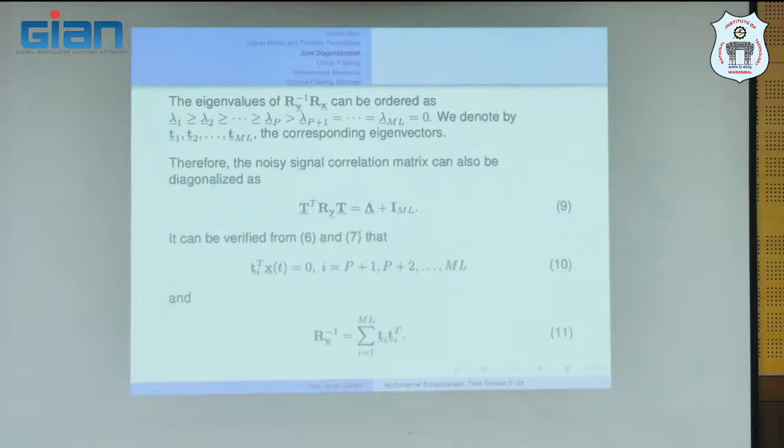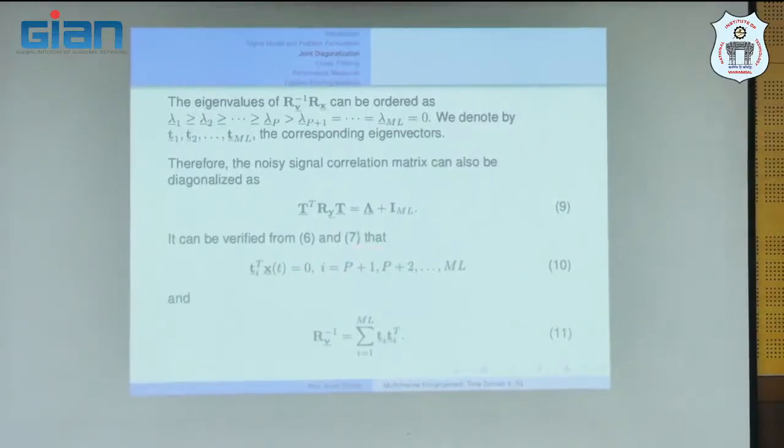Which means that, just like what we did with the derivation of the MVDR filter, if we have measurements and we project them into the subspace of the first P eigenvectors, and we don't touch them, and we remove the noise that is present in the noise-only space, which is spanned by the P plus 1 to the ML eigenvectors, we can remove noise without any distortion.